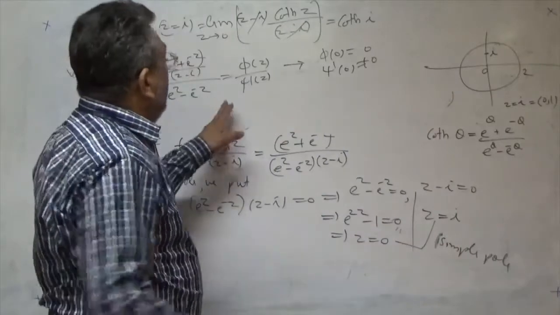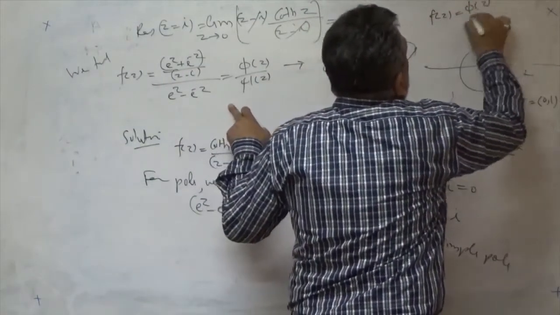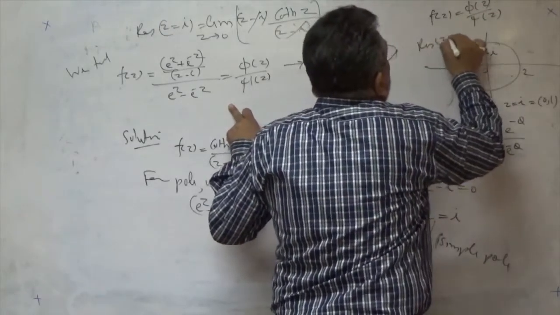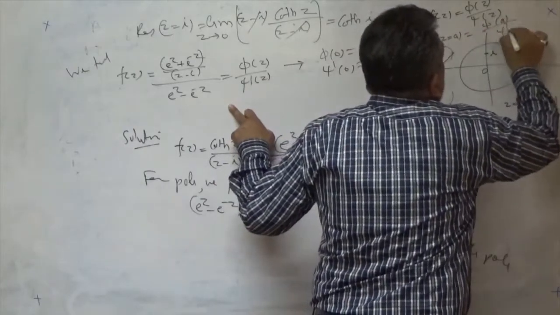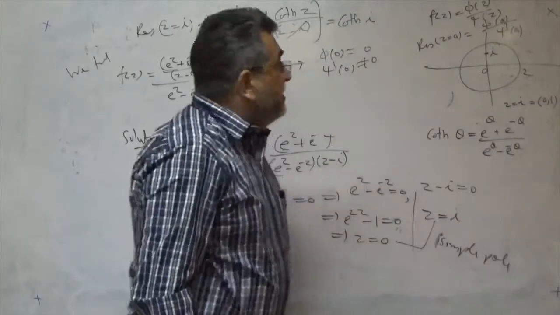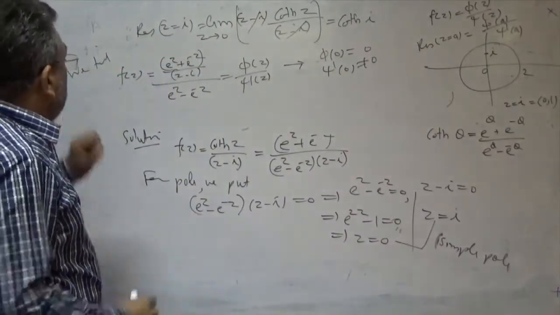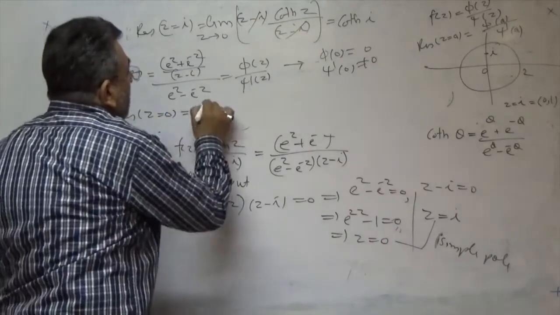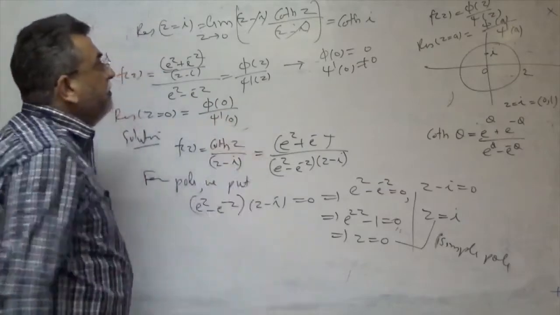You know that if we have function fz equal to phi z upon psi z, then directly formula residue at z equal to a is phi of a divided by psi dash of a. This is the direct formula if we have the function in this form. So here z equal to 0 pole. So simply residue at z equal to 0 is phi of 0 upon psi dash of 0.